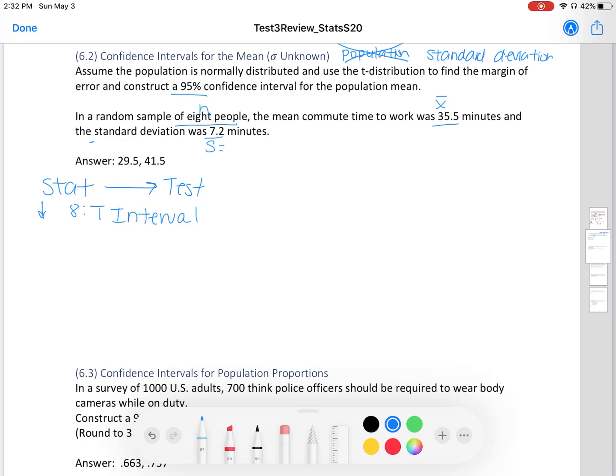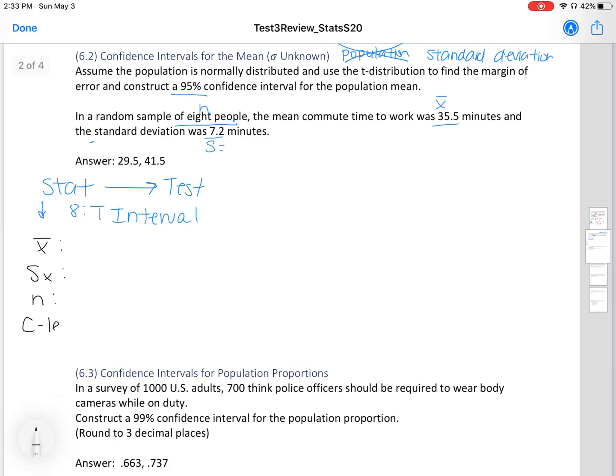From there, we have to fill out our x-bar, our mean, our standard deviation, our sample size, and our confidence level. All right, so here we're given a mean of 35.5, a standard deviation of 7.2, and a sample size of 8 people with a 95% confidence.